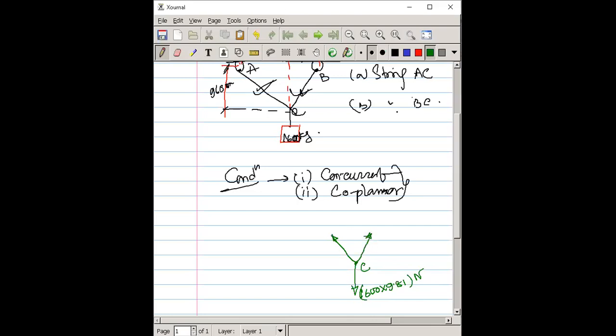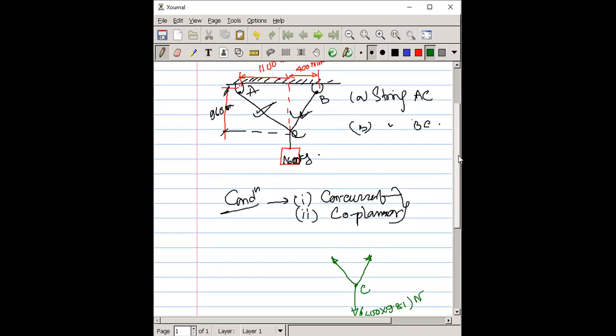So in this string AC, if we consider a triangle, this length is 1100, and this height is given 960. This is your string AC. So how to find out this theta?